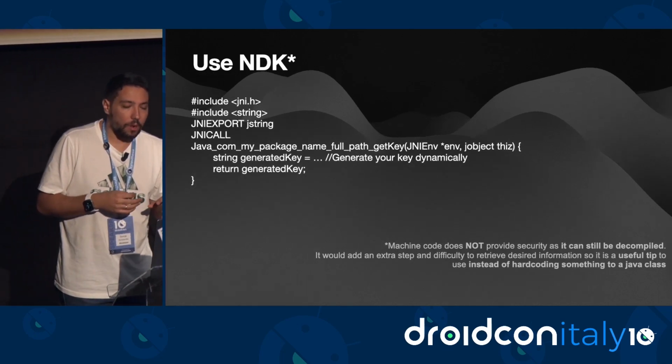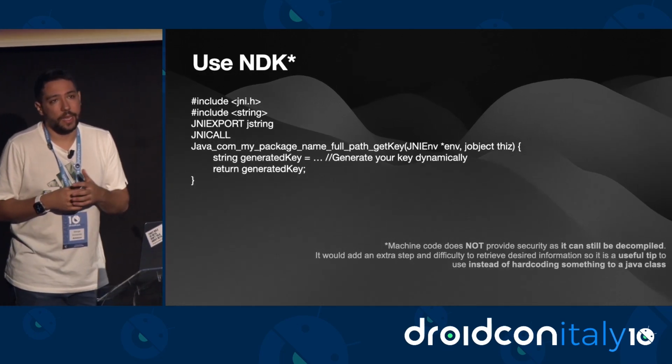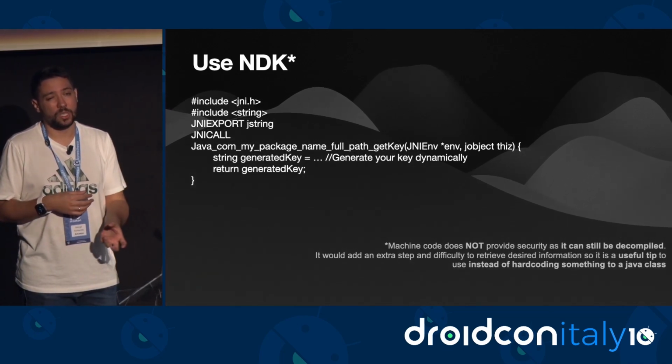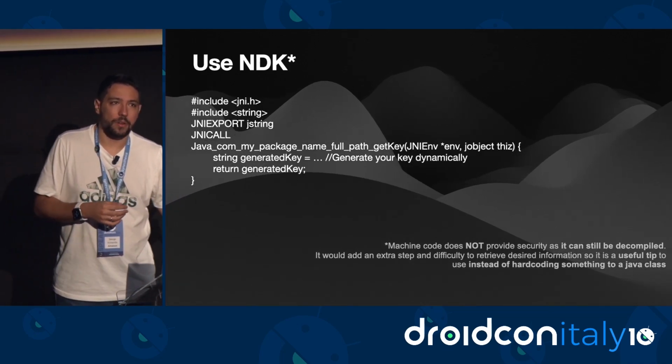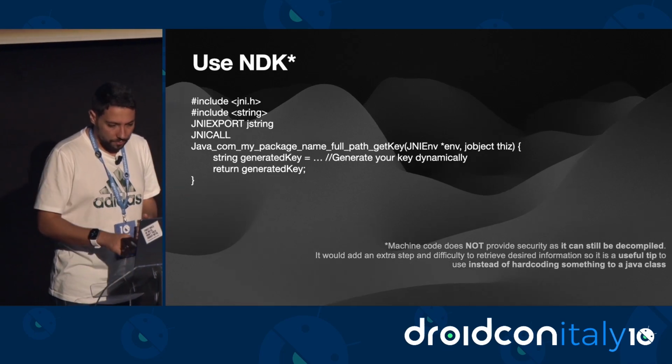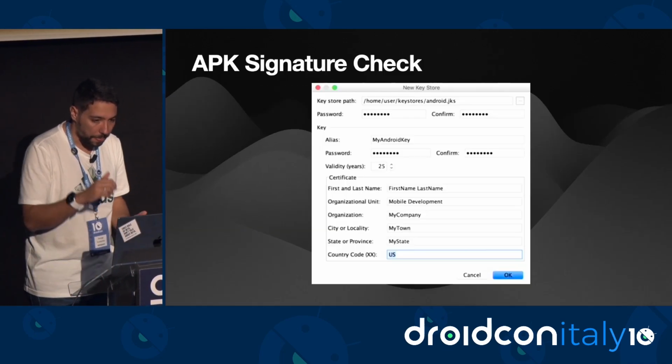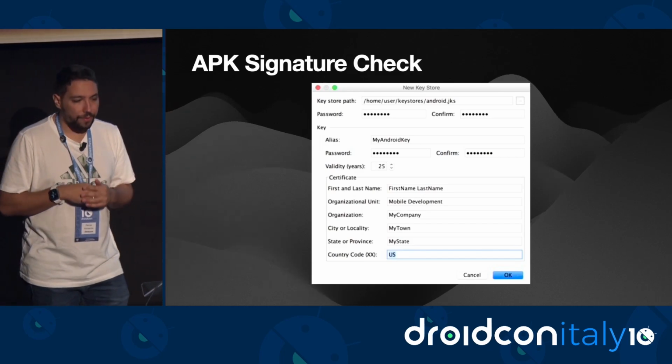So while it can be decompiled and it's not unbreakable, if you absolutely have to hardcode something, it is a little bit better to go this way instead of hardcoding things like in Java, like we saw before. Okay, let's move forward.